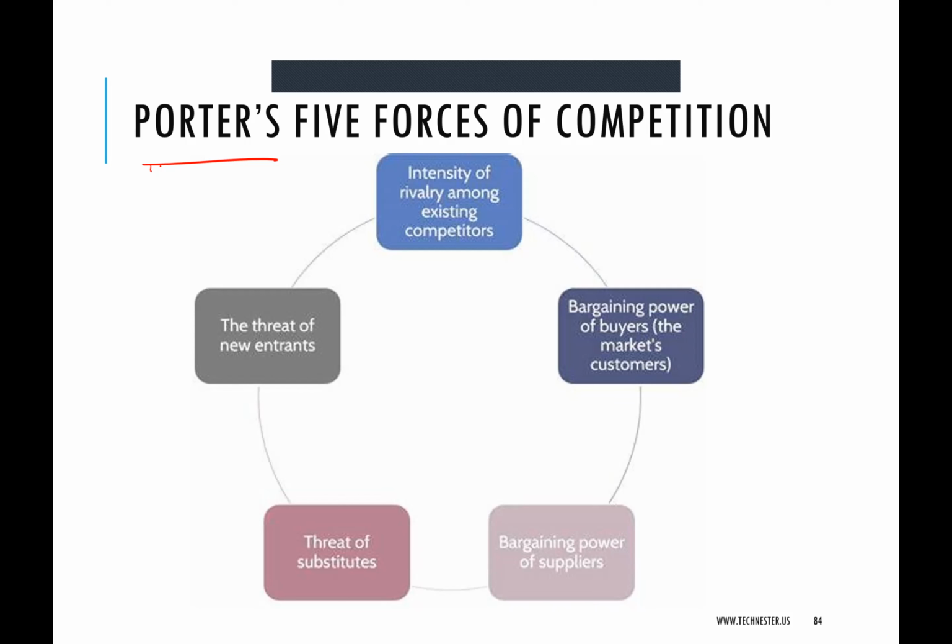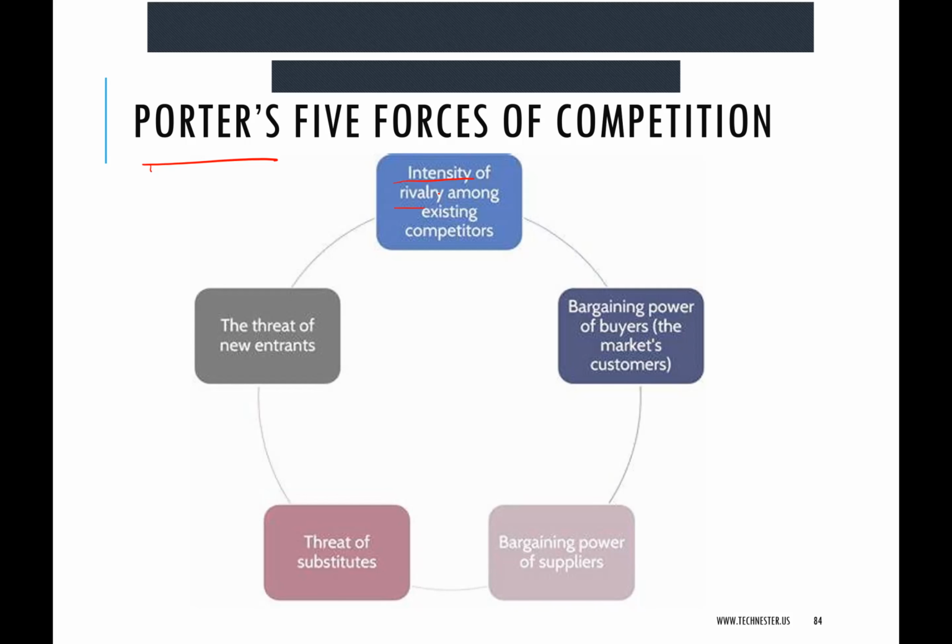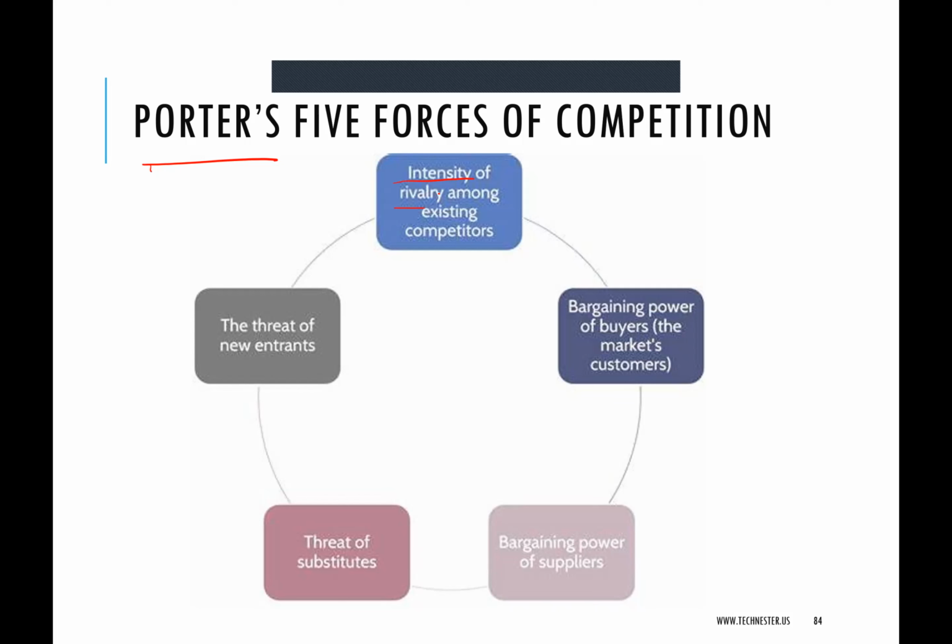one factor that can affect whether an enterprise does well is the intensity of rivalry among existing competitors. So in that field of business, maybe you just want to start a new business, or you are already doing business in an area, are there plenty of competitors, and how intense is the rivalry between them?